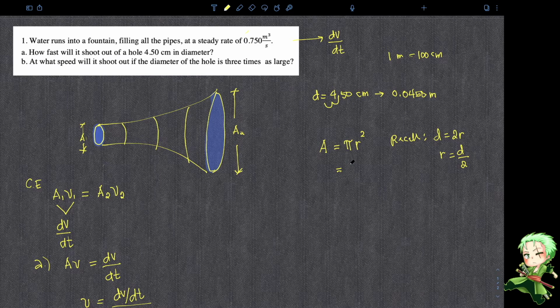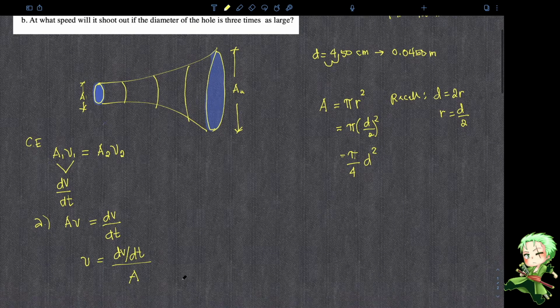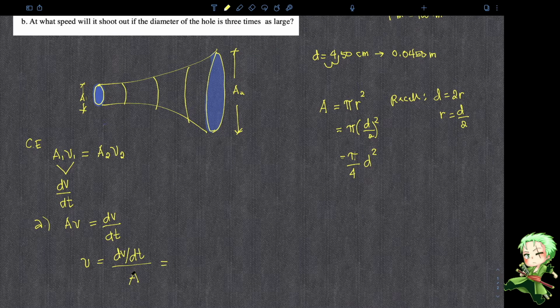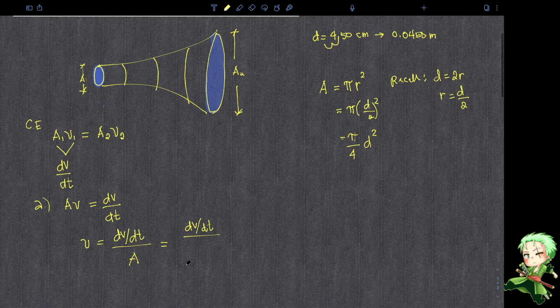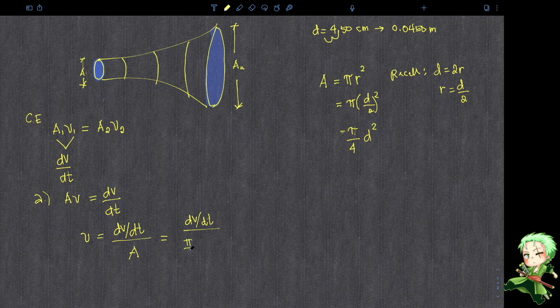So when you do that, you are going to replace r with d over 2 and square that, and hence you will get pi over 4 d squared. So this is now the cross-sectional area, the area with which you will replace the expression below. So you have dV over dt divided by the cross-sectional area, which is pi over 4 d squared. Okay, so you have that expression now.